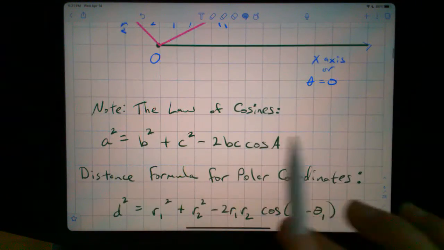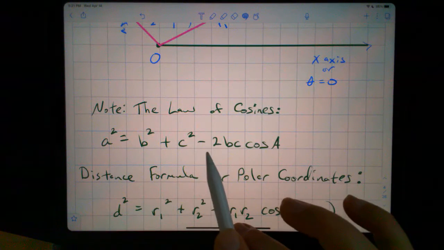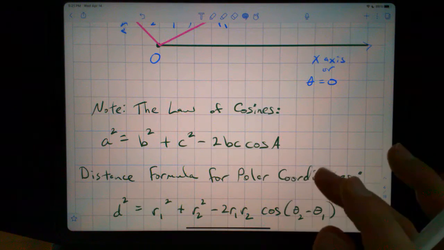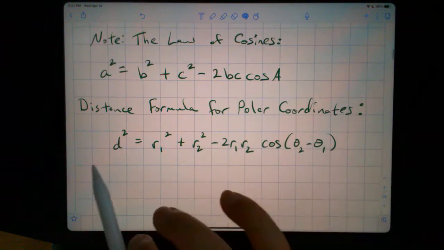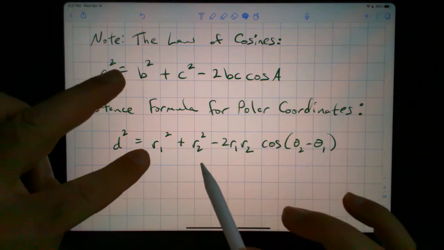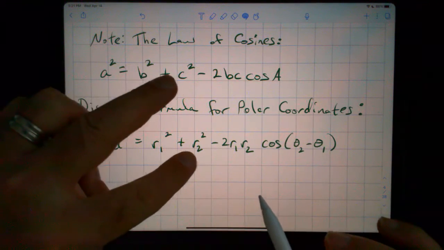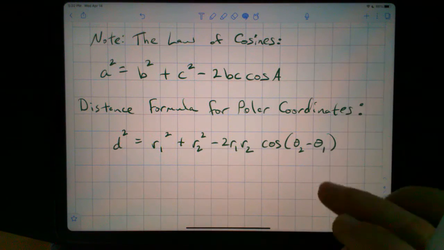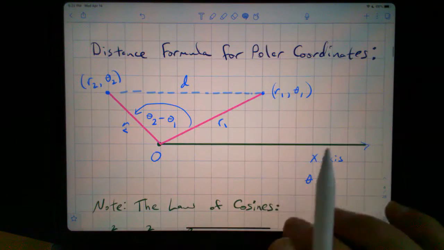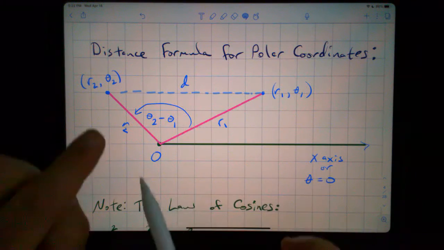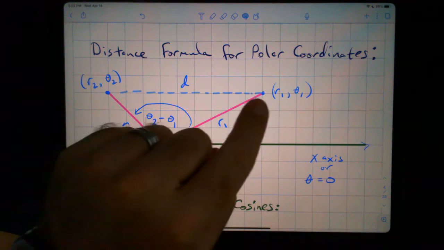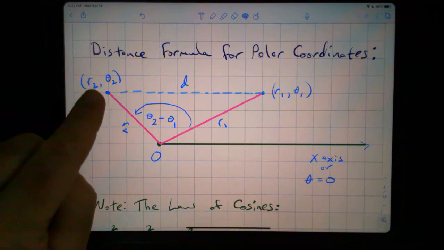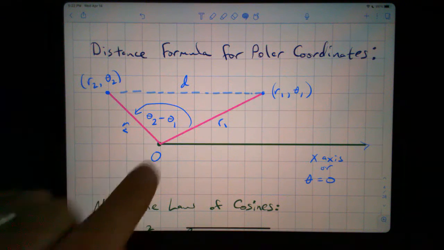Now, note the law of cosines is a squared equals b squared plus c squared minus 2bc cosine A. The distance formula for polar coordinates is going to be d squared equals r1 squared plus r2 squared minus 2 r1 r2 cosine of that angle. It's going to be the distance squared equals r2 squared plus r1 squared minus 2 times r1 times r2 times cosine of this angle.